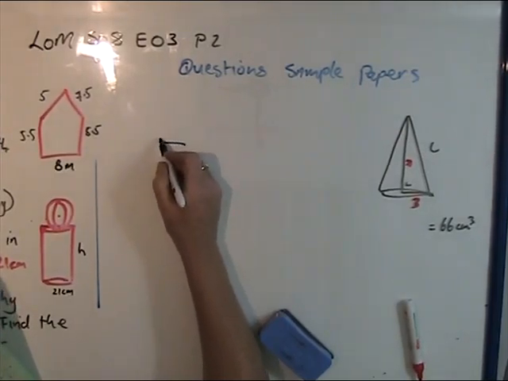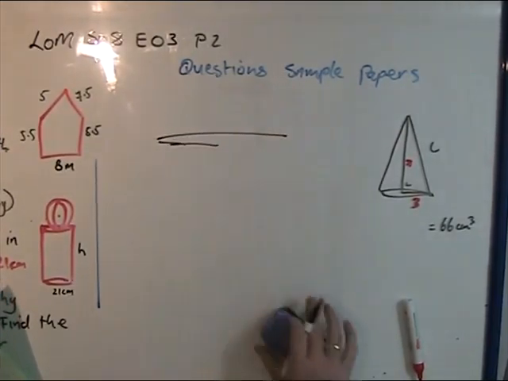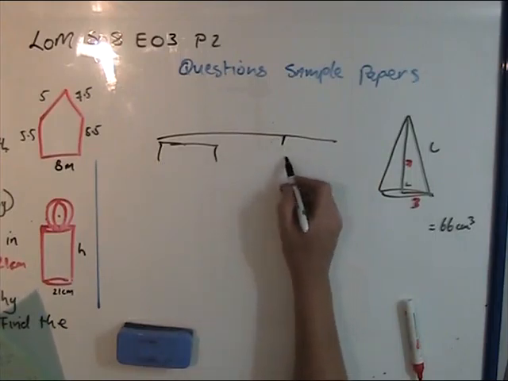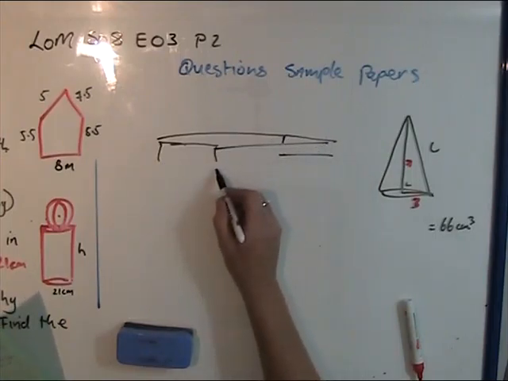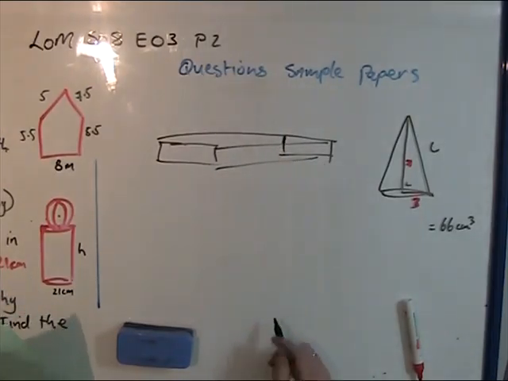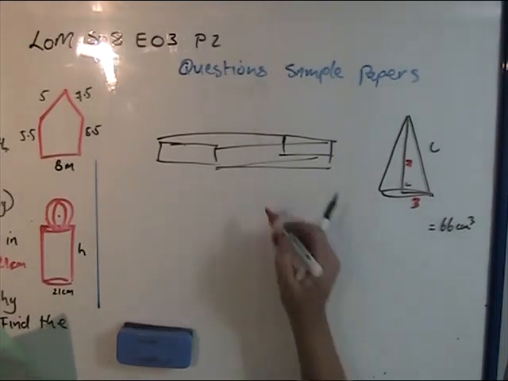A block of wax is made into candles. So this is kind of a very thin box. This is your wax box, measuring 25 by 12 by 12.